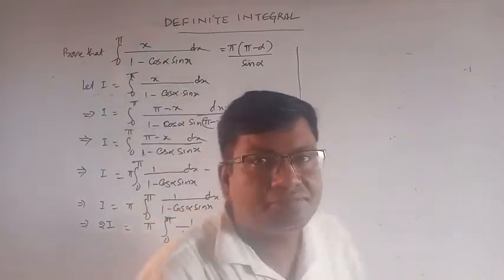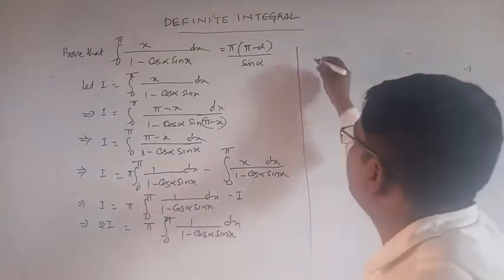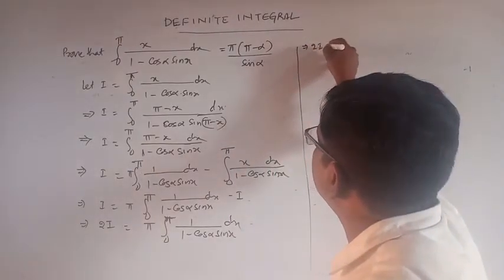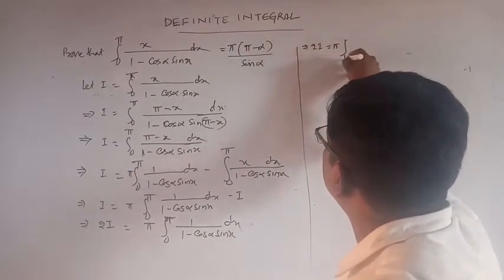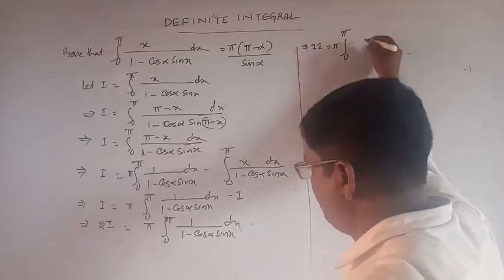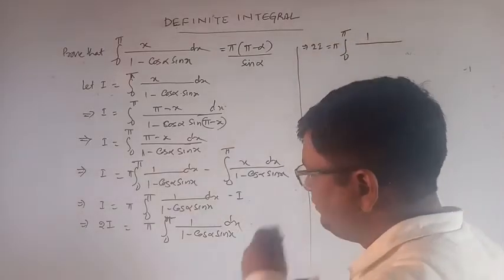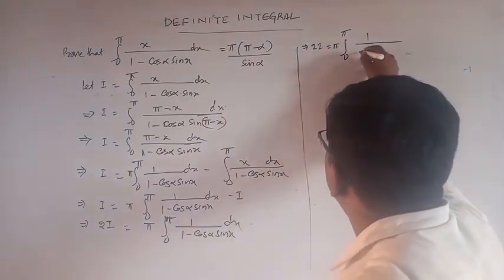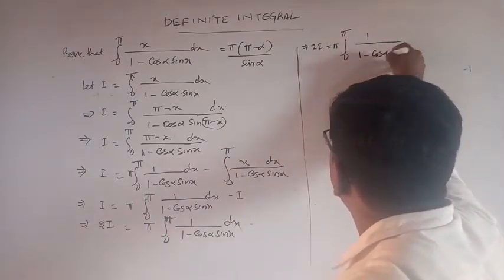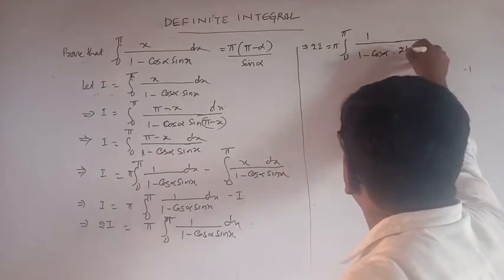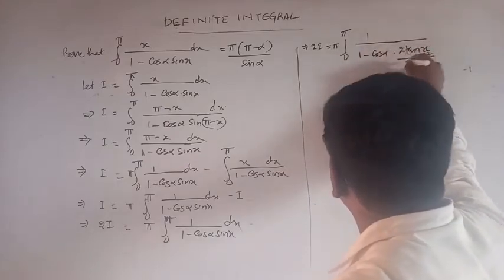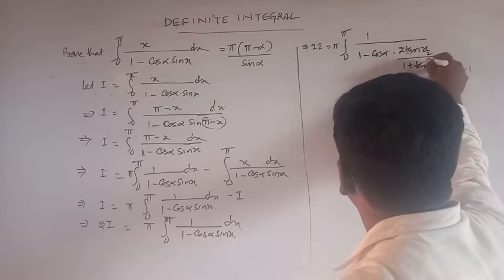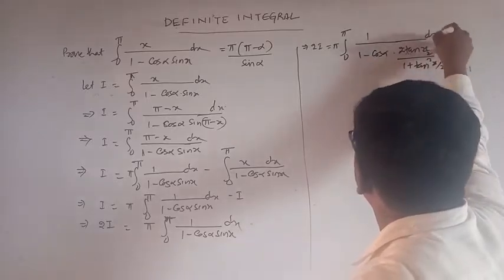So 2I is equal to pi times the integral from 0 to pi of 1 by (1 minus cos alpha times 2 tan x by 2 divided by (1 plus tan square x by 2)) dx.